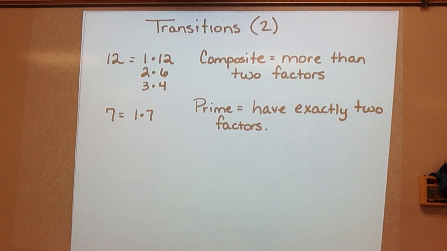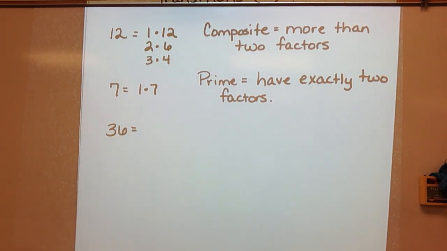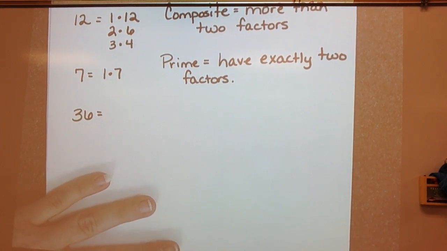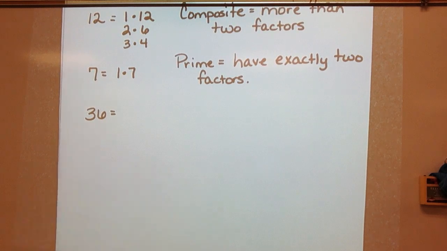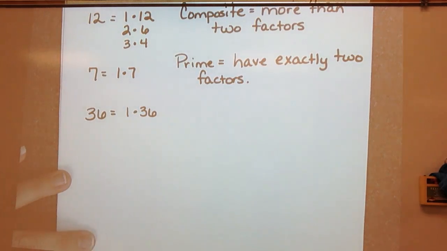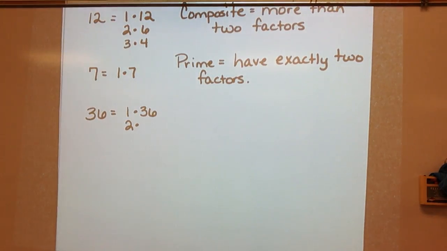So let's just look at this for just a second. Let's just say that the question asked you to find the factors of different numbers. Alright, so let's look at the number 36 for a moment. The best way for you to do this is just to start with what you know about the number 36. I know that I can multiply 1 times 36. I know that I can multiply 2 times something because if you remember, any number that ends in an even number can be divisible by 2.